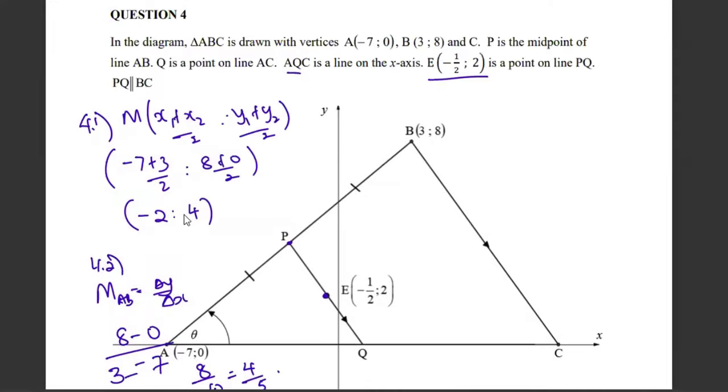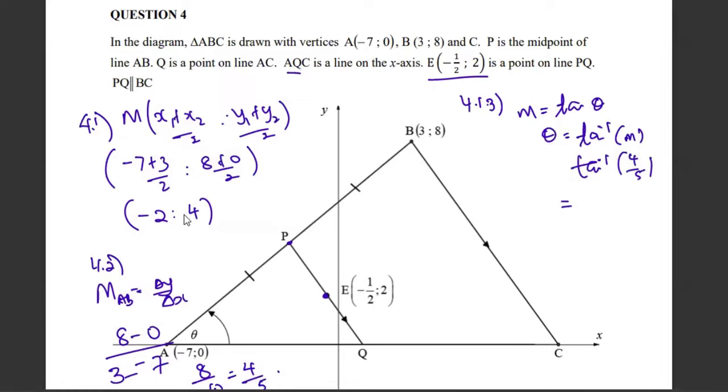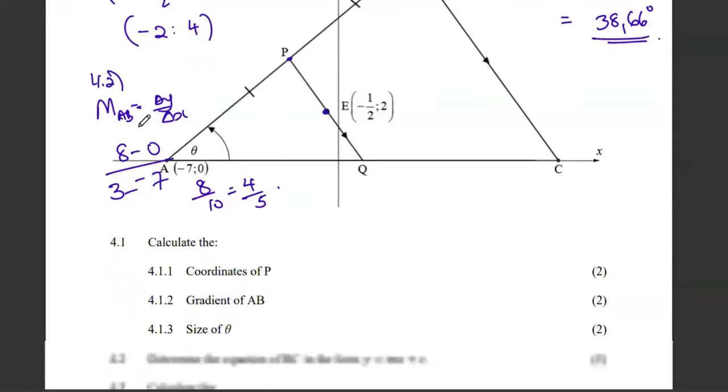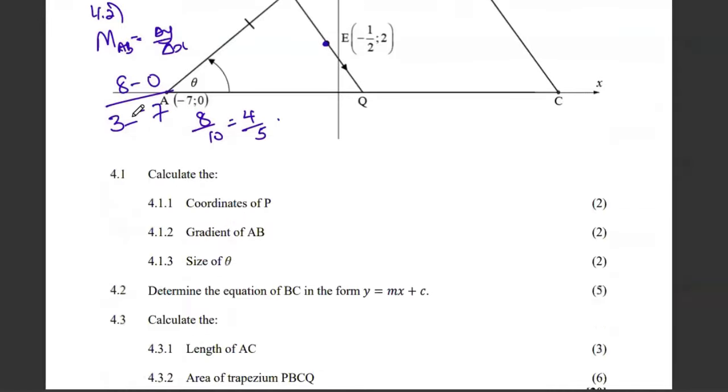So 4.1.3, we know that m is equivalent to tan of theta. So theta should be shift tan of m. So shift tan of 4 over 5. What do we get from our calculator? I'm getting 38.66 degrees.